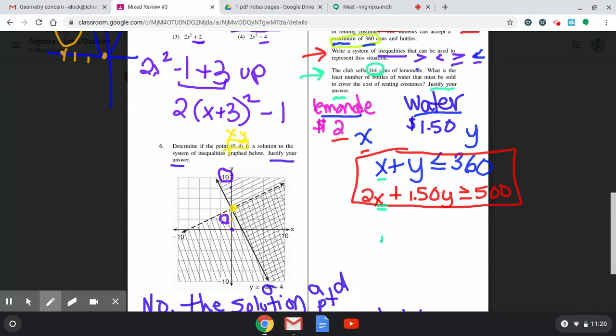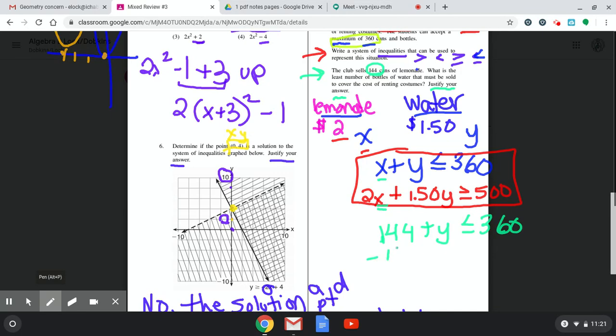So 144 cans of lemonade plus Y is less than or equal to 360.